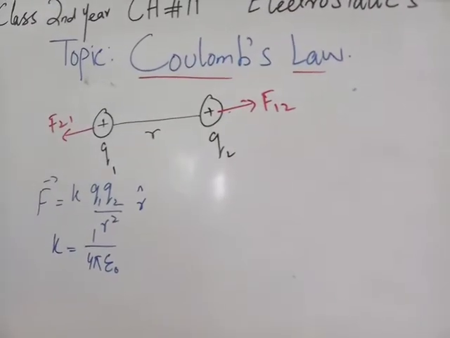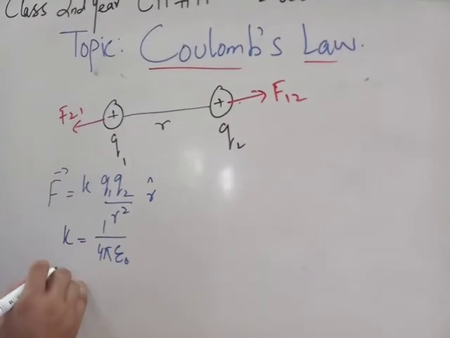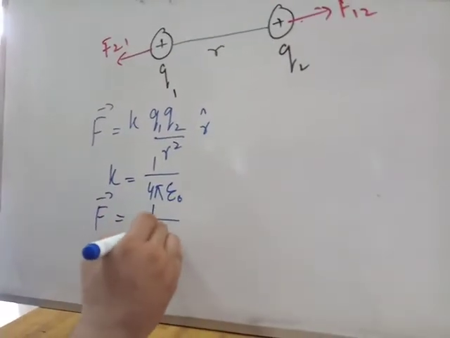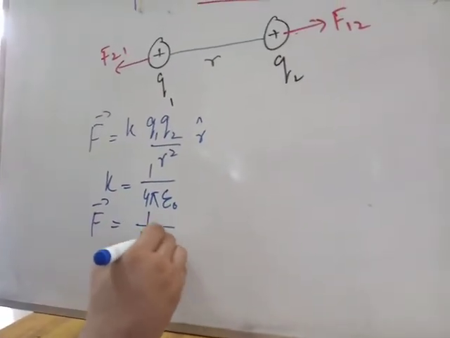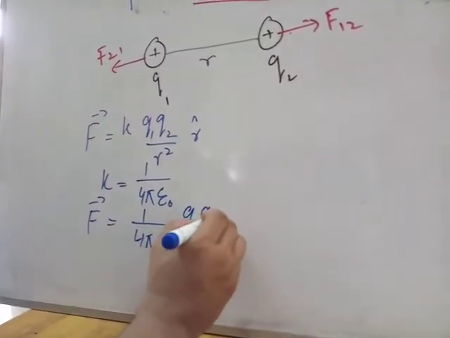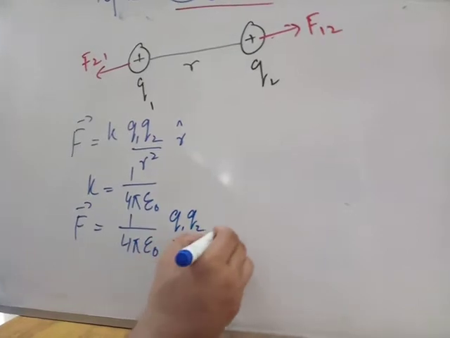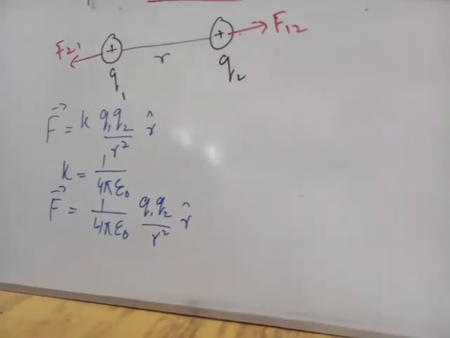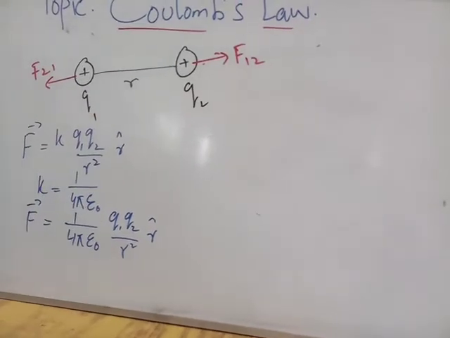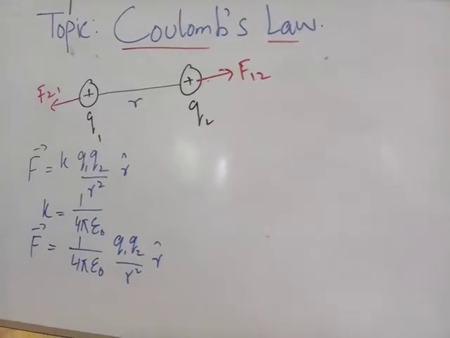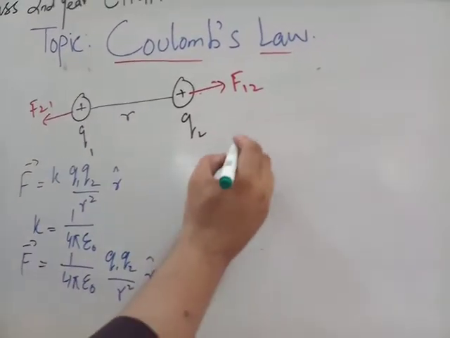If we write this equation of force, putting the value of K in the above equation, F is equal to 1 over 4 pi epsilon naught Q1 Q2 over R square in the direction of R. If we want to use a medium between these two charges, what should we do? We use another term.